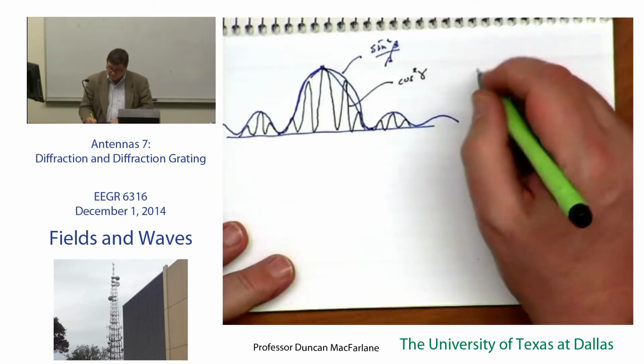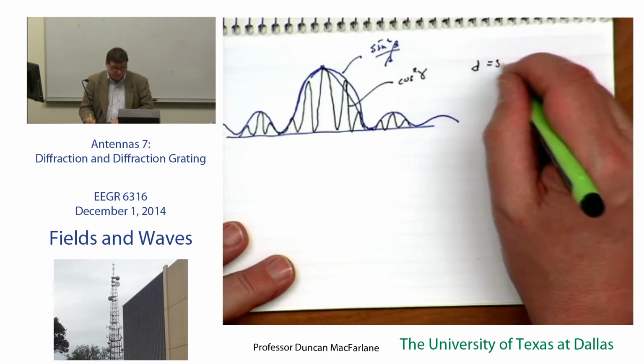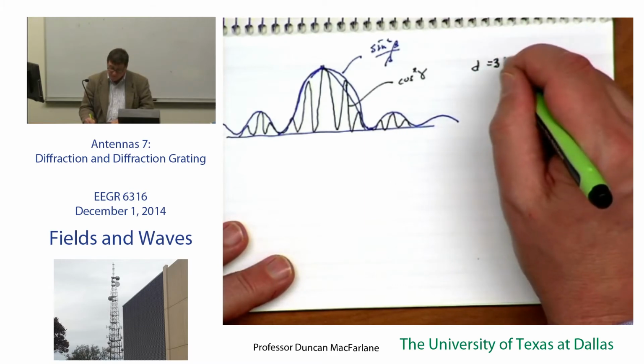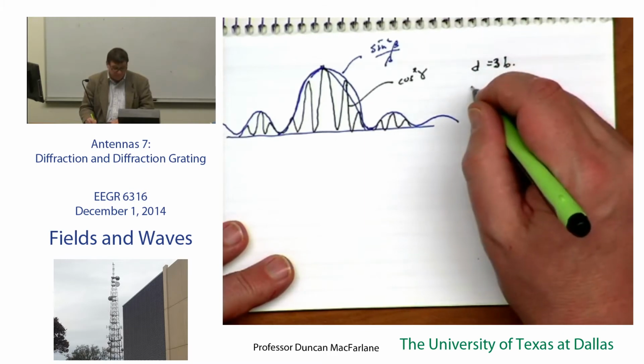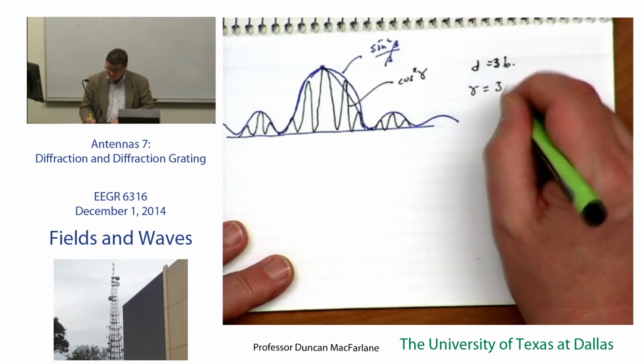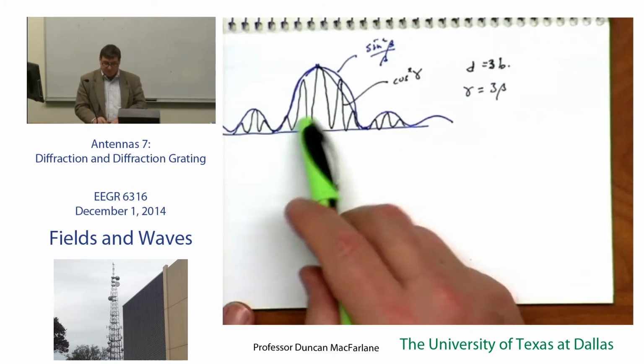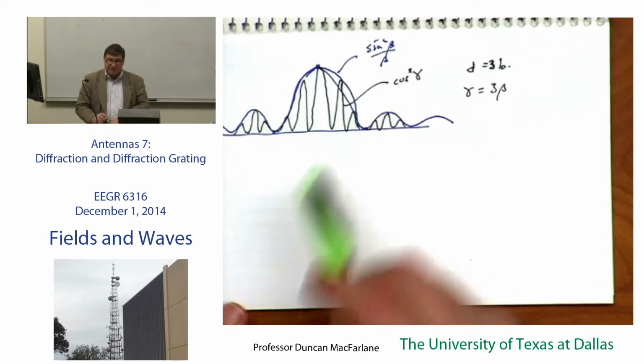And this particular case was d is equal to 3b, or gamma is equal to 3 beta. So you have 3 lobes before you get down to 0.